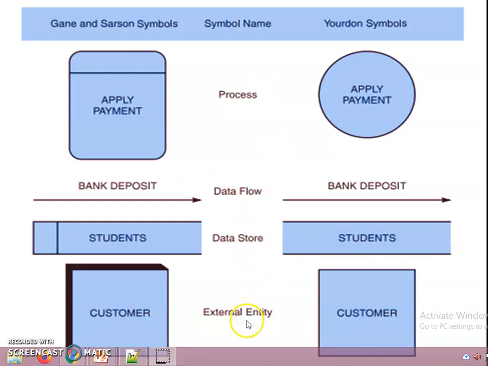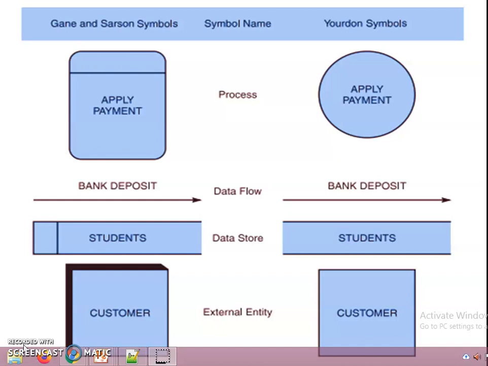There are several different versions of DFD symbols that exist, but they serve the same purpose. The most common sets used are the Gane and Sarson symbols and the Yourdon symbols. Whichever set we are going to use, it means the same thing. So there's no difference between the meaning of each symbol used.